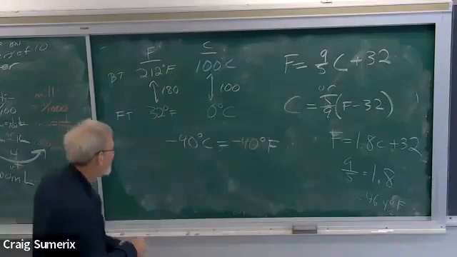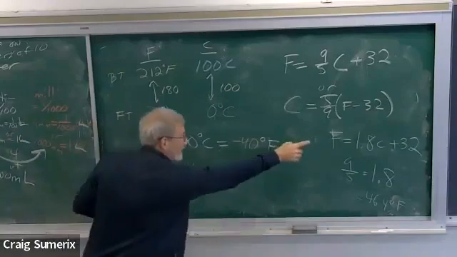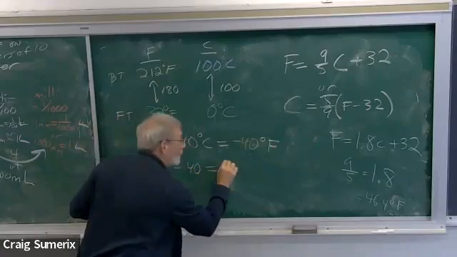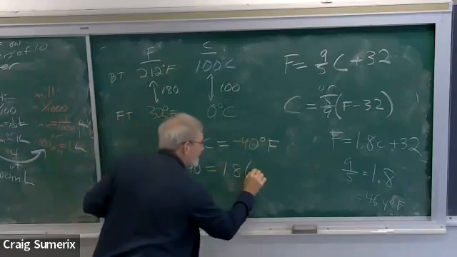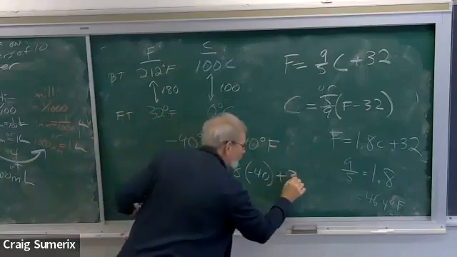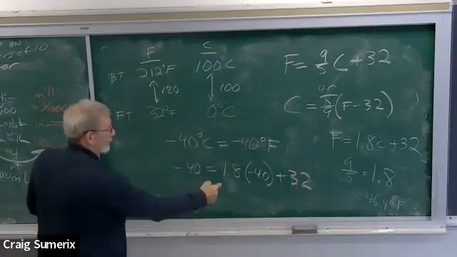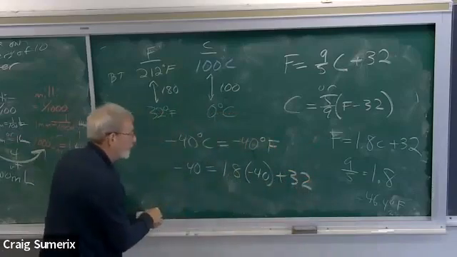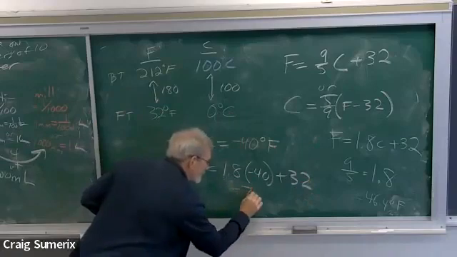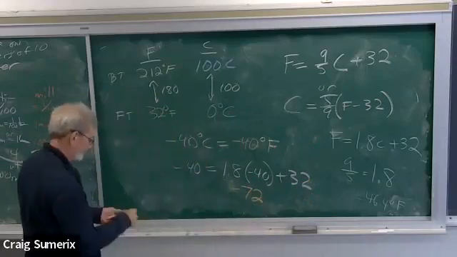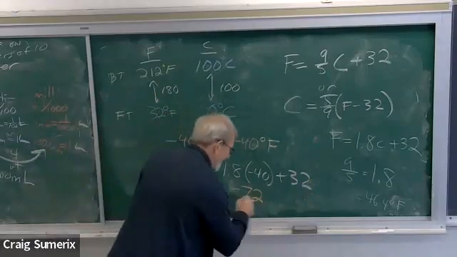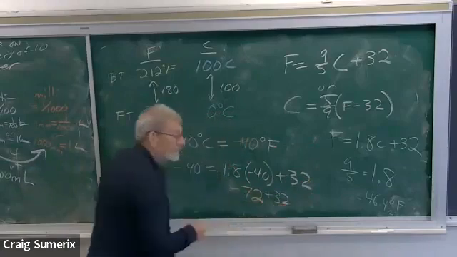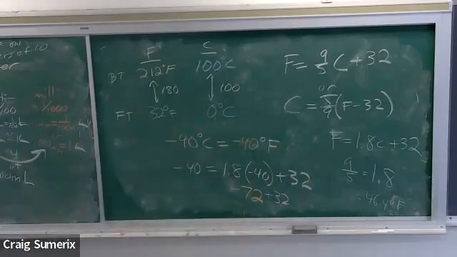Plug it in. Negative 40 is equal to 1.8 times negative 40 plus 32. 1.8 times negative 40 is negative 72. So if you look outside, if you've got an outside thermometer, check it. That's where they meet.